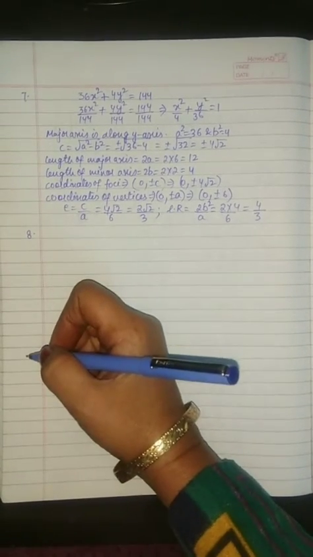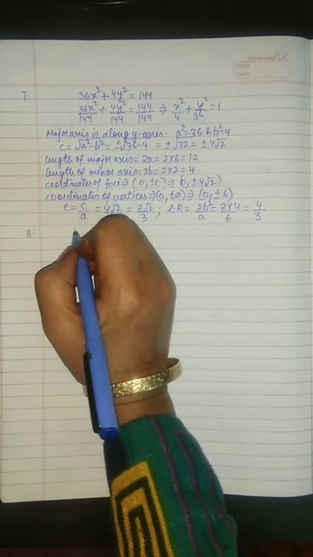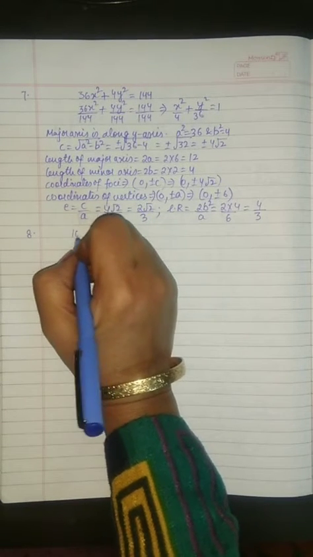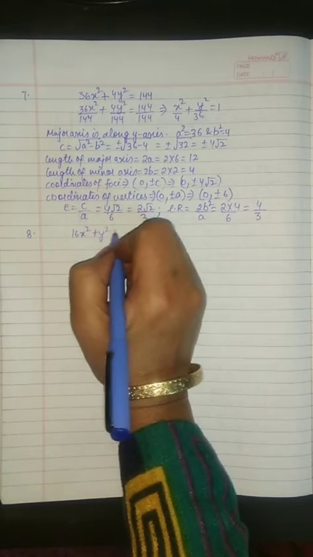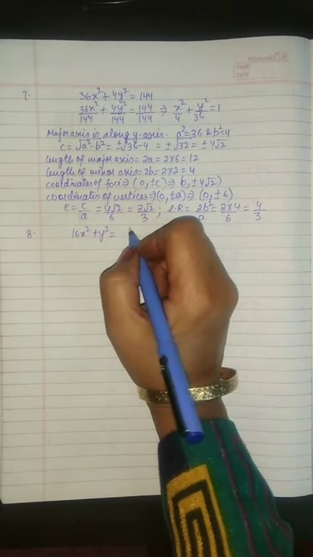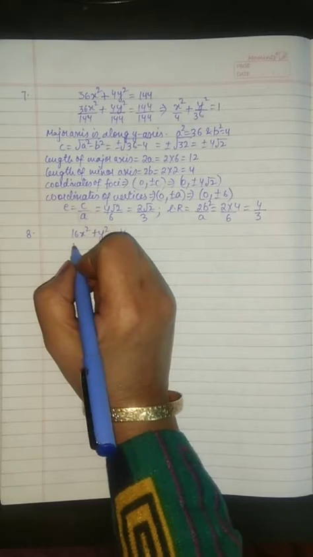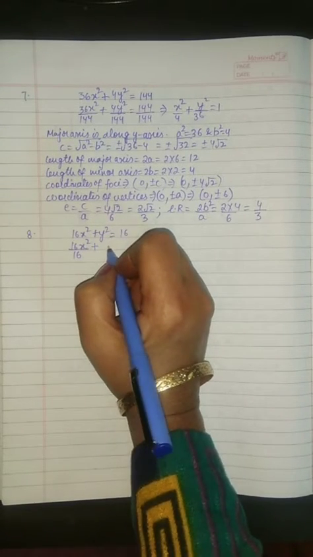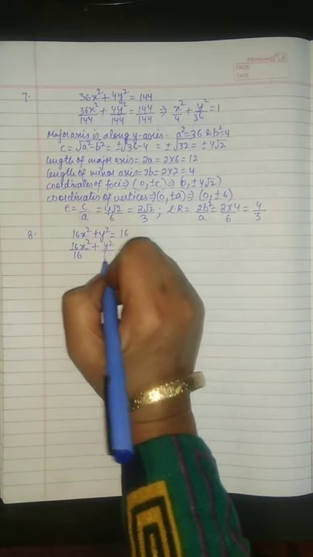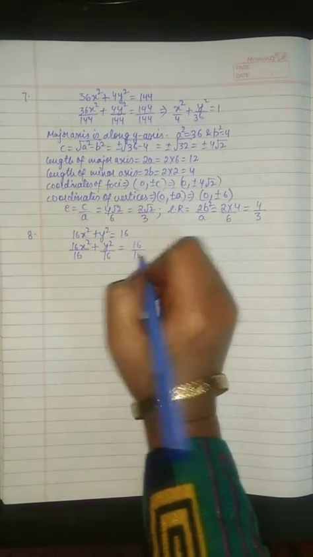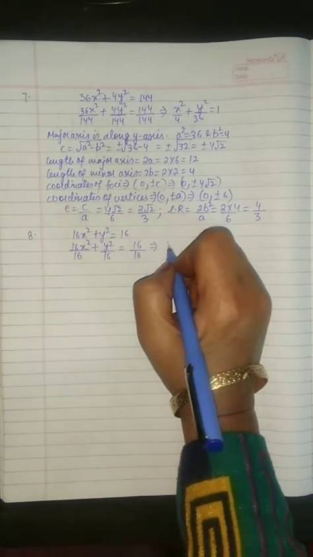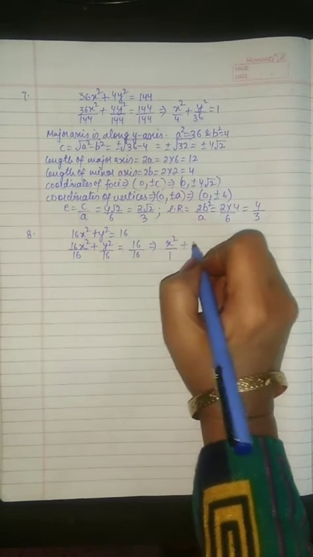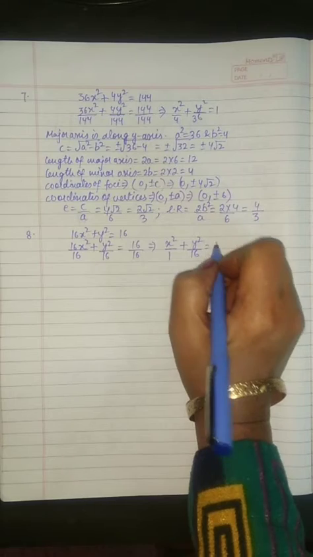In question number 8, again we are given the equation 16x square plus y square is equal to 16. So we will divide both sides by 16 to make it a standard equation of ellipse. So x square upon 1 plus y square upon 16 is equal to 1.